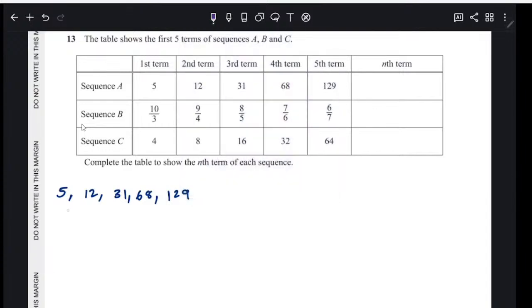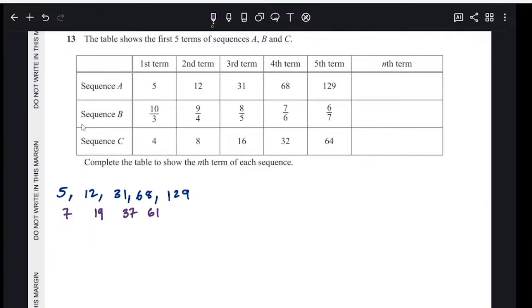What's 12 minus 5? 7. 31 minus 12? 19. 68 minus 31? 37. 129 minus 68? 61. So the difference is not yet the same.